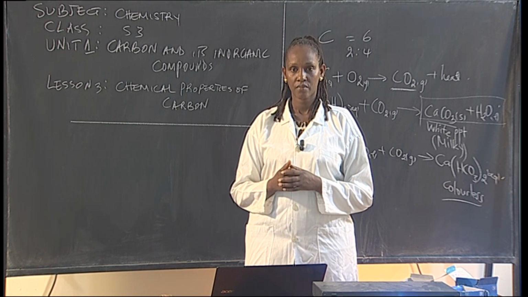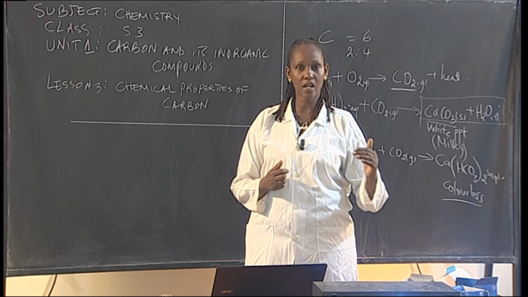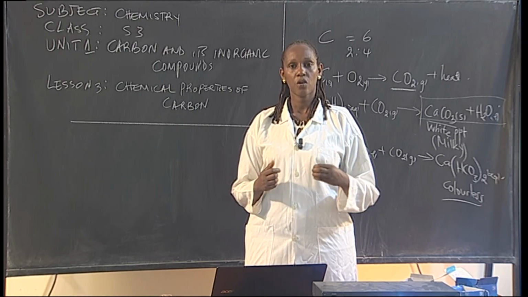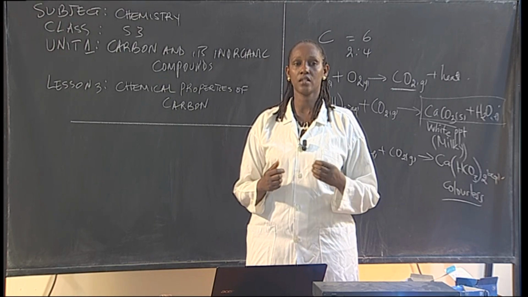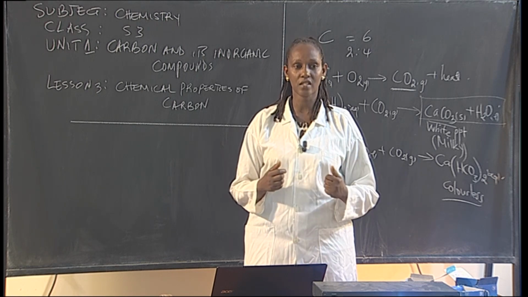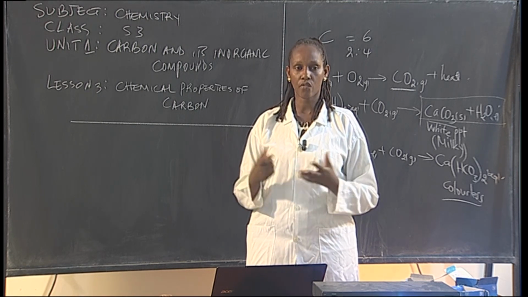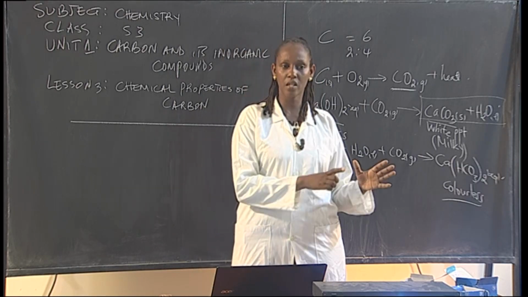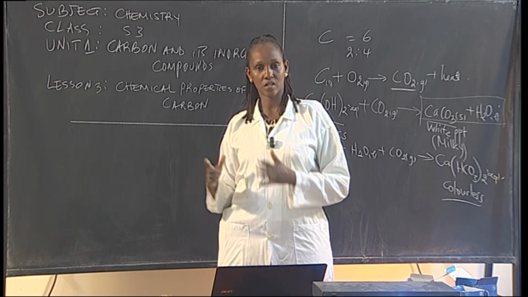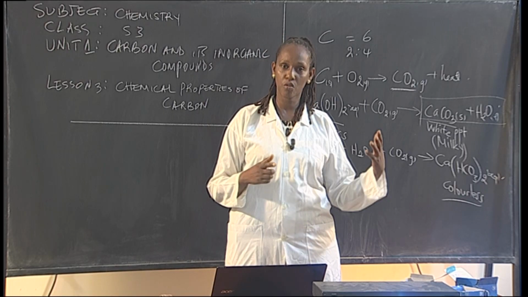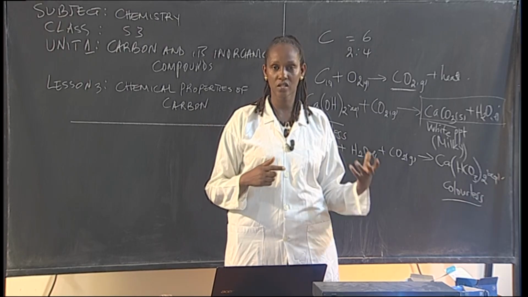All right? So it comes as a result of carbon removing the oxygen from either concentrated sulfuric acid or from nitric acid and adding it on itself, oxidizing it. So these acids will oxidize the carbon to form carbon dioxide gas, which will turn the lime water, that is calcium hydroxide.